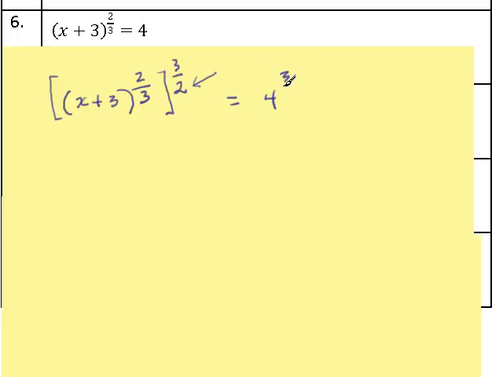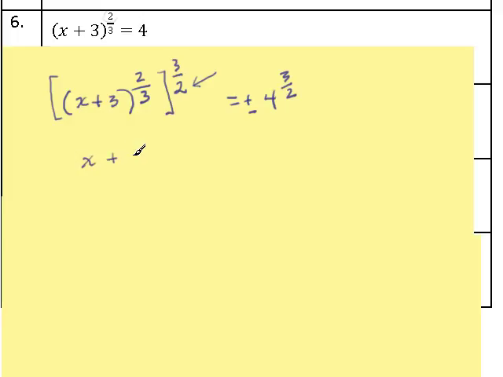So we need to take the plus minus square root. When the exponent is even, or in our case it'll almost always be 2, when we take the reciprocal of both sides, we get a 2 in the denominator, and then we do plus minus. So if we have a 2 in the denominator, when we raise both sides to a fraction with 2 in the denominator, we do plus minus. Let's just keep that in mind.